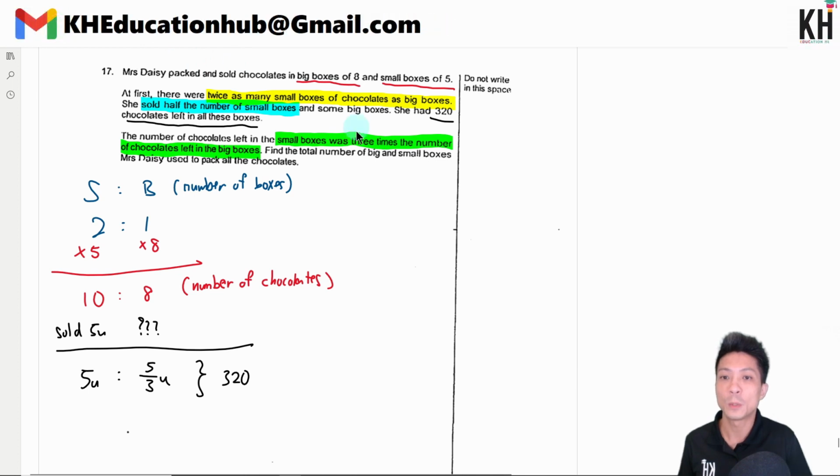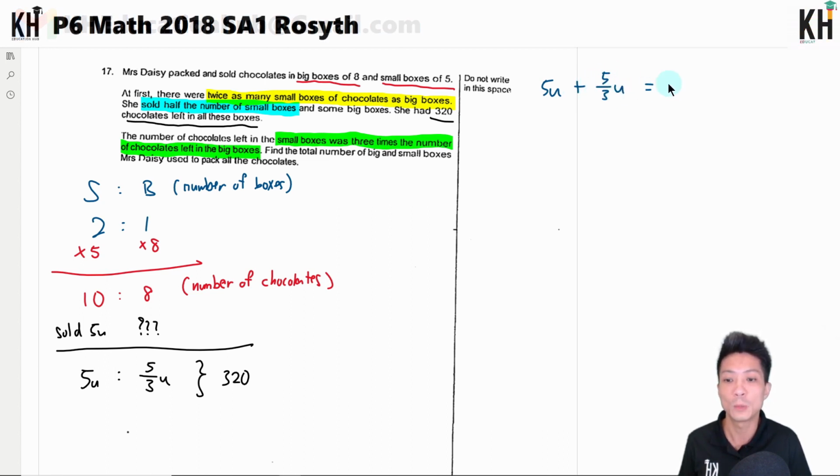So we're going to do the working over here. 5 units plus 5/3 units will be equal to 320. So 5 plus 5 over 3 will be equal to 6 and 2/3 units.